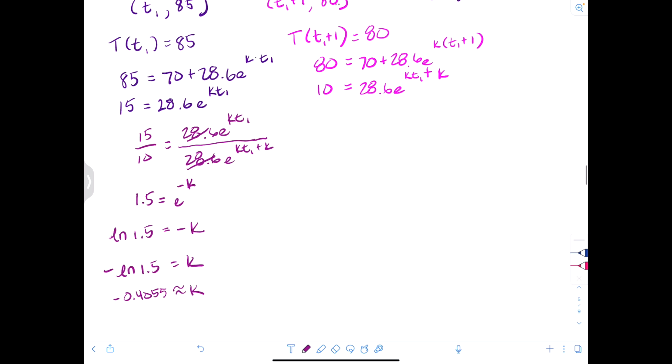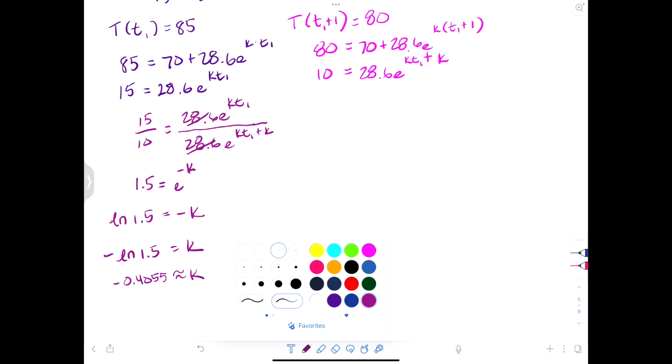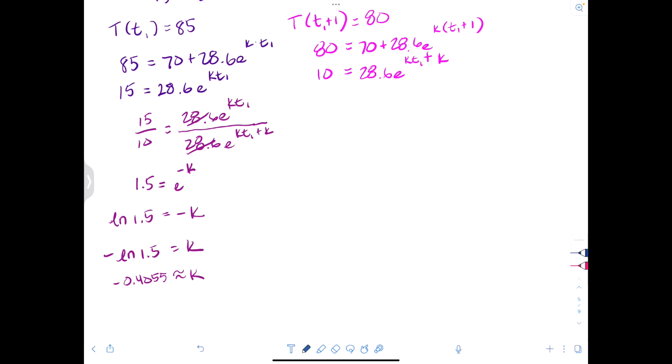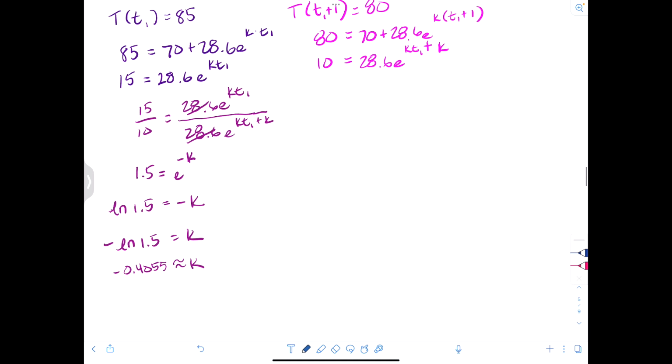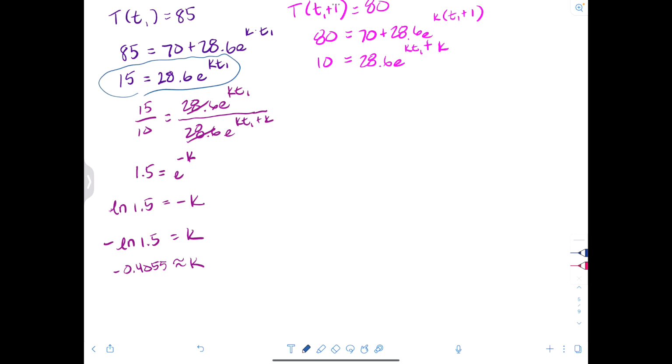Good so far? Perfect. Now we need to go through and use one of the ordered pairs to find our next measure here. So I'm going to use this one here, all right?